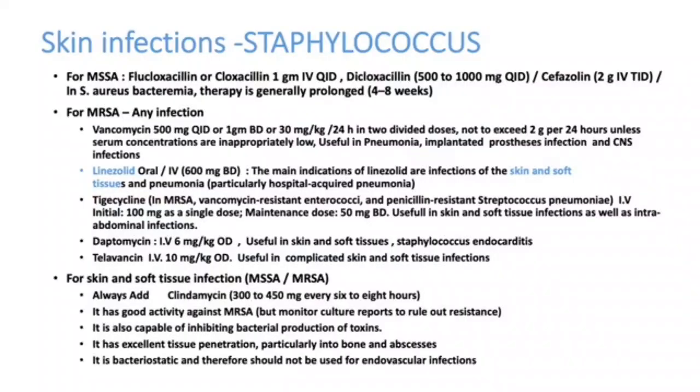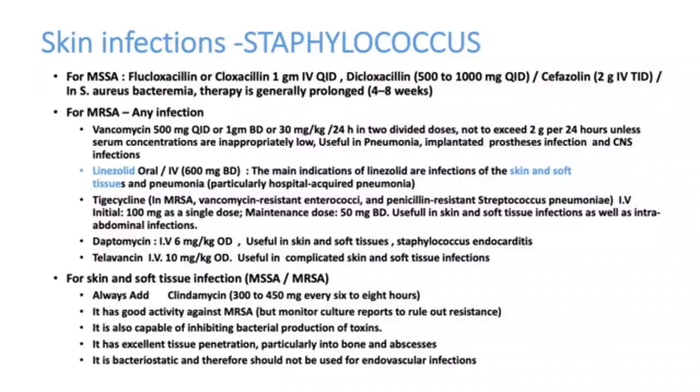But remember, when we are starting linezolid, look for platelet count that can produce some amount of thrombocytopenia. So if a patient is already having thrombocytopenia, you have to go for alternative drugs. So linezolid is a good choice in staphylococcus infection if it is due to MRSA. We don't know whether it is MSSA or MRSA, even then linezolid can be started.